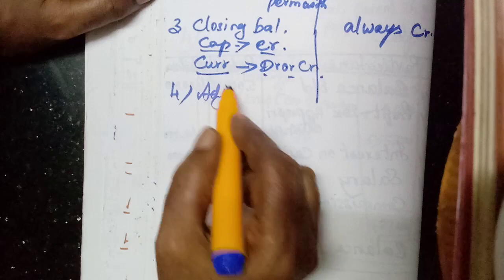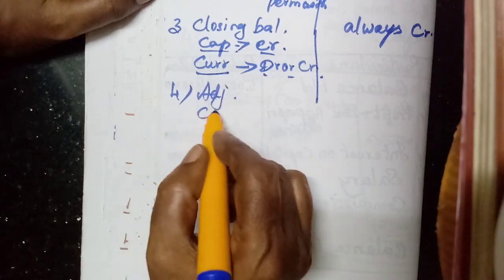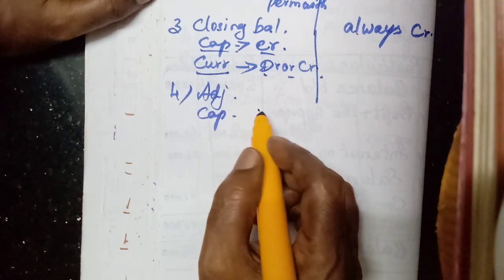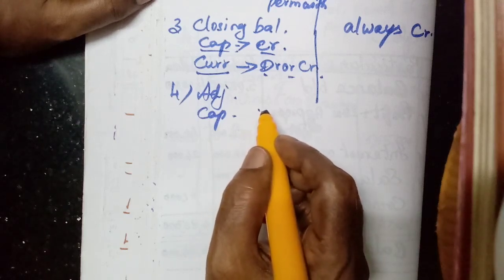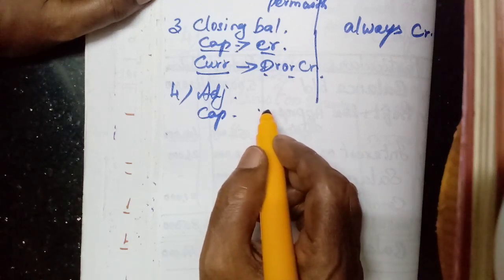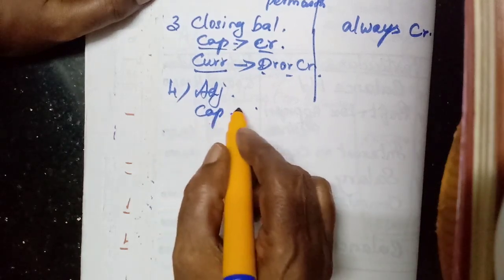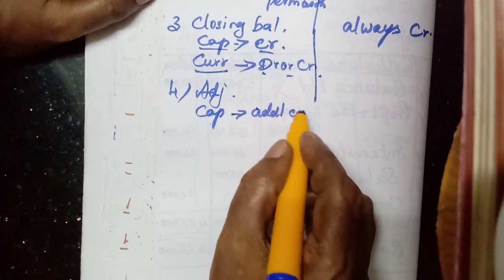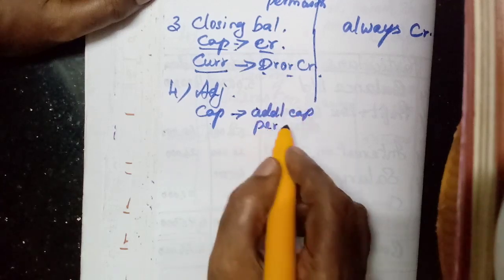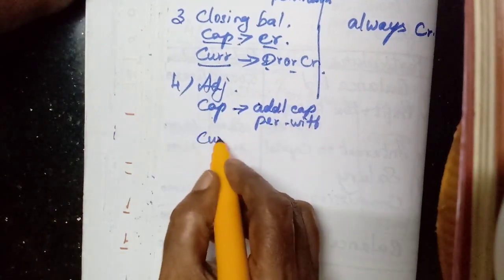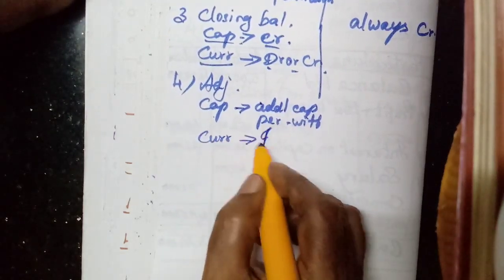What are the adjustments that will be entered? Here in the capital, what we write, what are the adjustments we do? In the fixed capital method, two accounts we prepare, isn't it? In the capital account we will enter the additional capital, then the permanent withdrawal, isn't it? But in the current account we make all the adjustments. What?